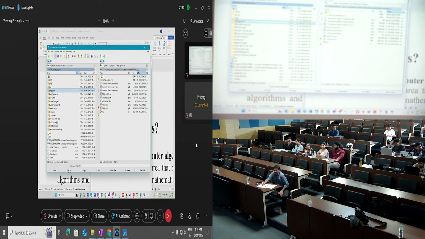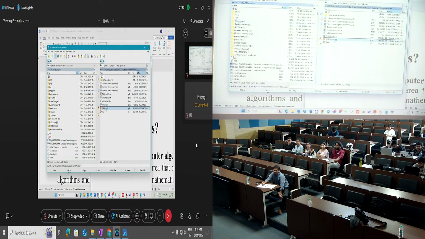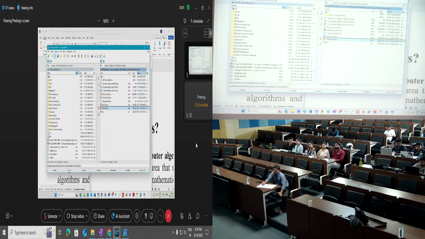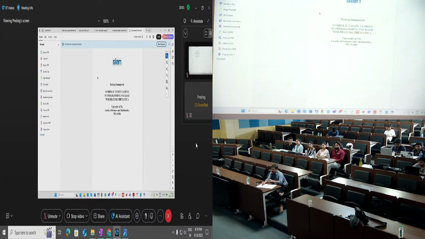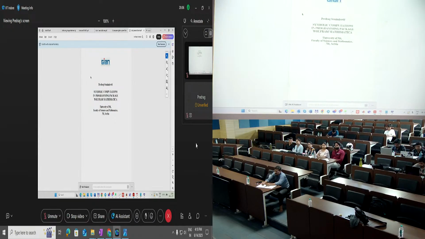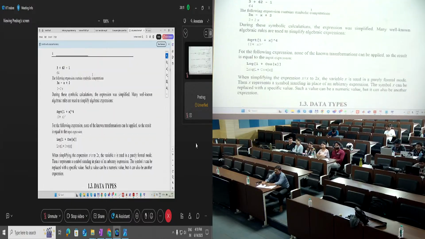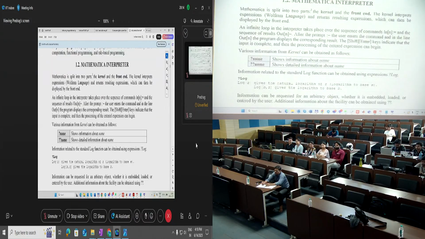Now we will see more details about the package Mathematica. Short, I will use the short version. We spoke that Mathematica is an interpreter-oriented programming language, and we have a number of inputs and corresponding outputs.